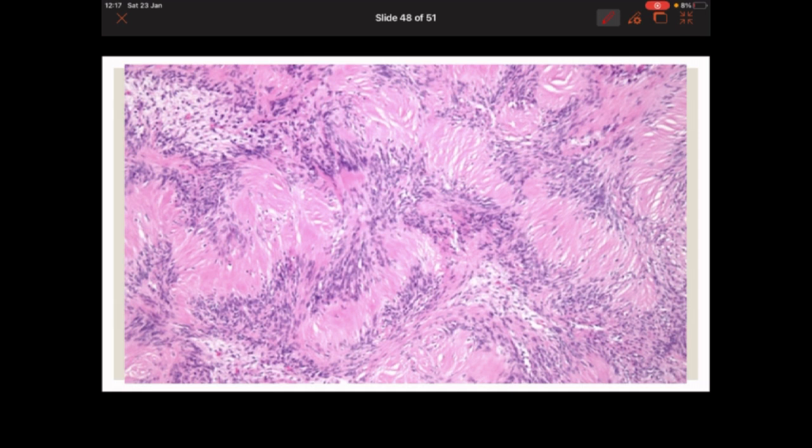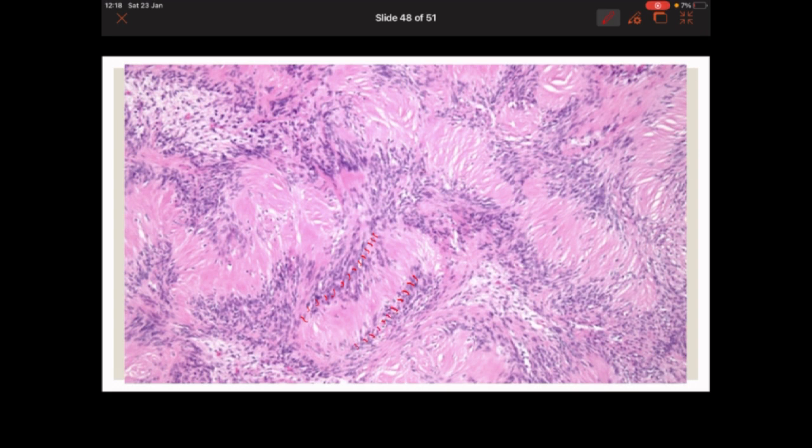And this is a very special characteristic of the schwannoma, which is the Verocay bodies. We can observe that Verocay bodies usually occur in the Antoni A area. They are composed of neoplastic Schwann cells in which the nuclei are lined up in parallel, forming a nuclear palisade.